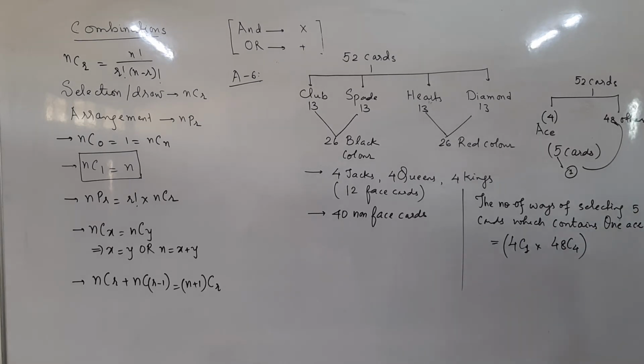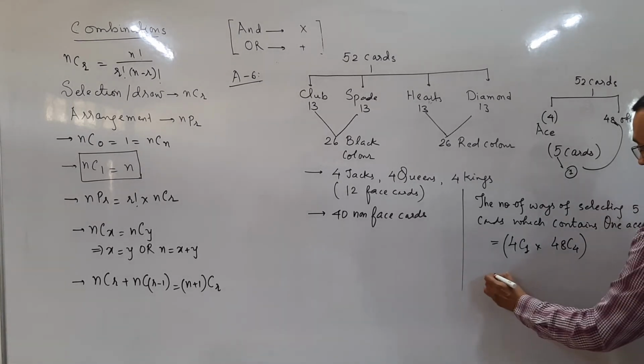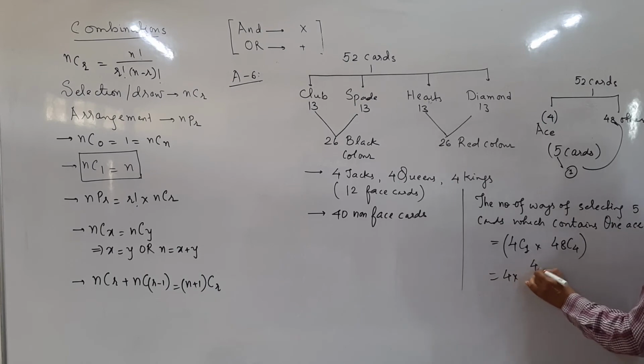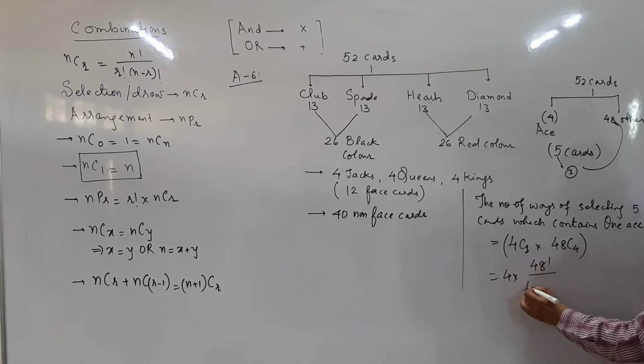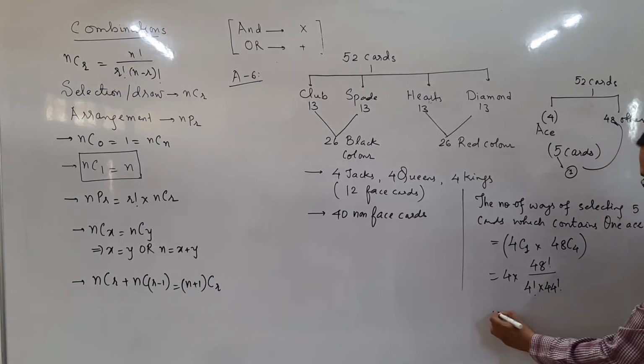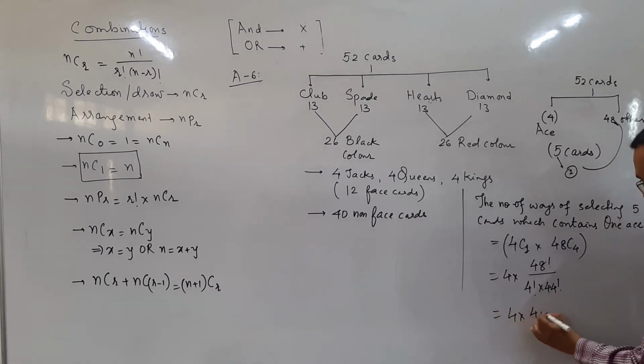Now nC1 is n, so 4C1 is 4. This is simplified as 48 factorial upon 4 factorial into 44 factorial. Now 4 factorial is 24. Reduce 48 up to 44 and get it cancelled, and this is 24.